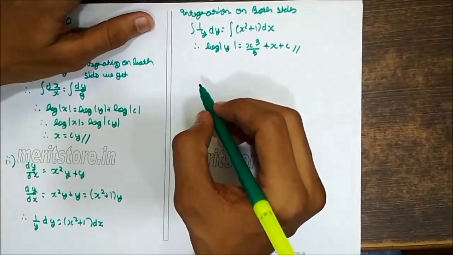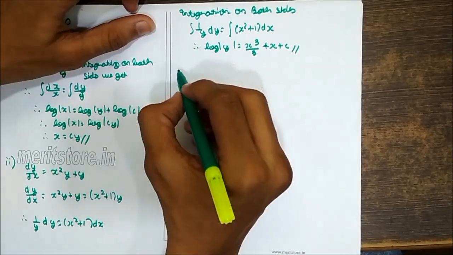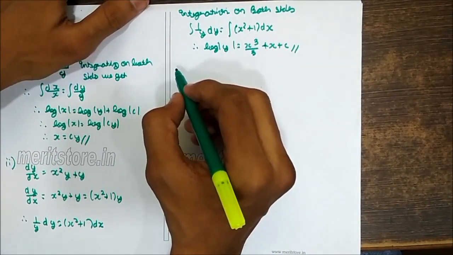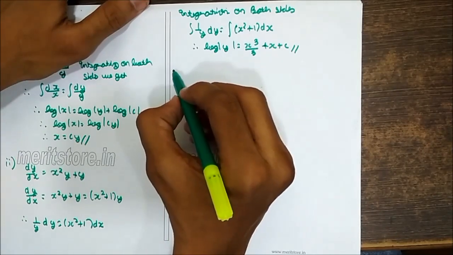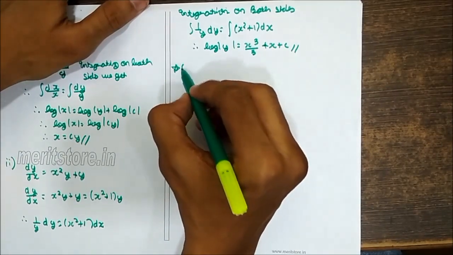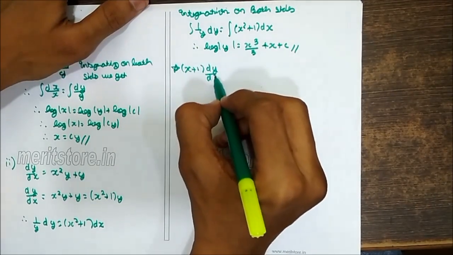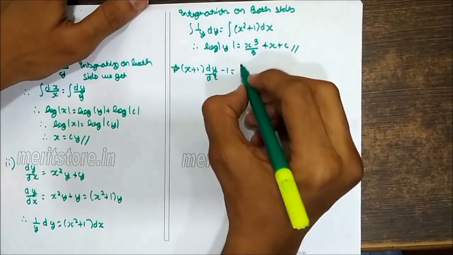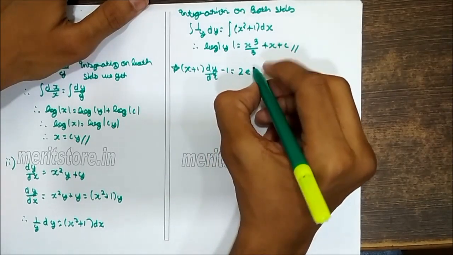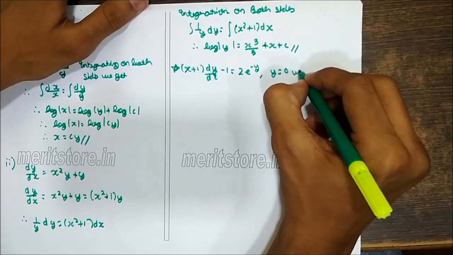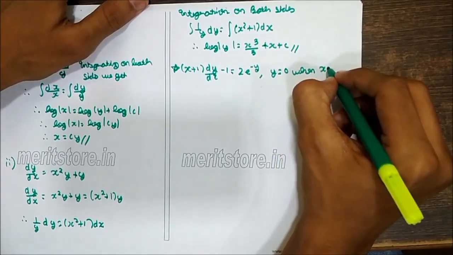Now we take one of the important examples. For each of the following equations, find the particular solution satisfying the given condition. So we will be given one condition to satisfy. The question is (x plus 1) dy by dx minus 1 is equal to 2 e raised to minus y, where y is equal to 0 when x is equal to 1.